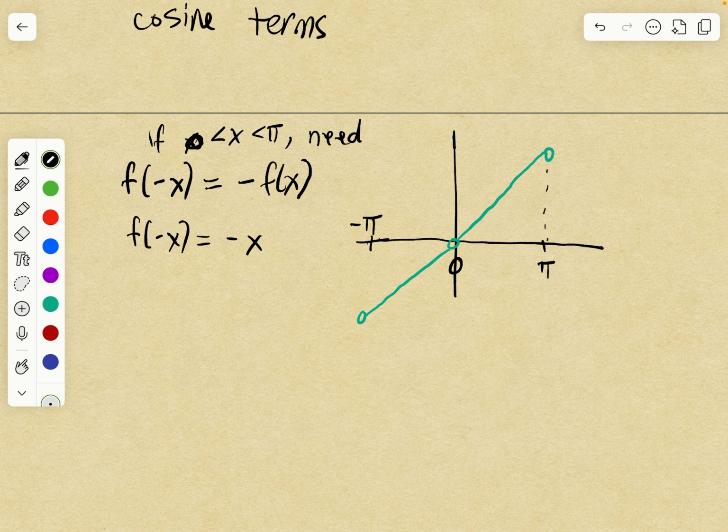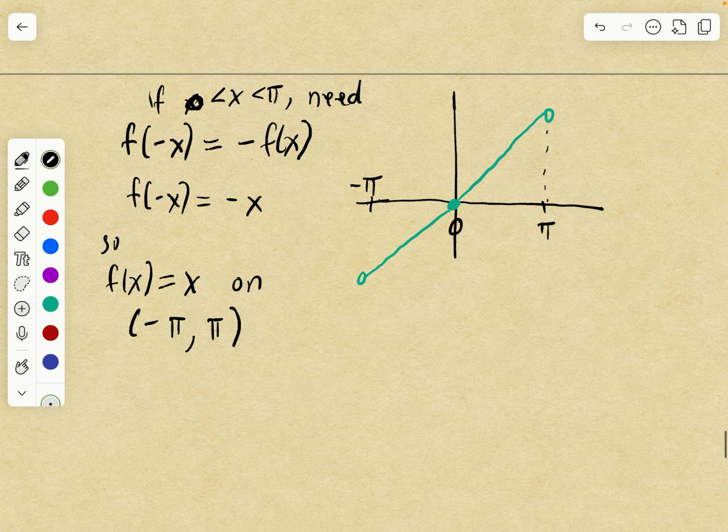Okay, so this is going to be an odd function, and we might as well define it to be 0 at x equals 0. So this function is just f of x equals x on the interval from negative pi to pi. So this is the odd extension of f.